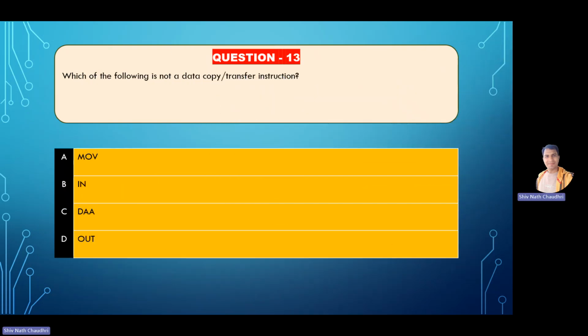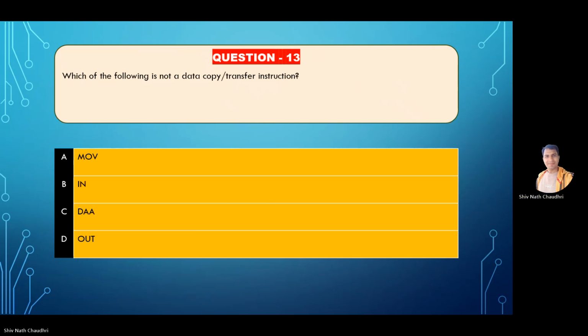The next question is: which of the following is not a data copy or transfer instruction? The first instruction given is MOV. In MOV, we move the data from destination to source or source to destination.